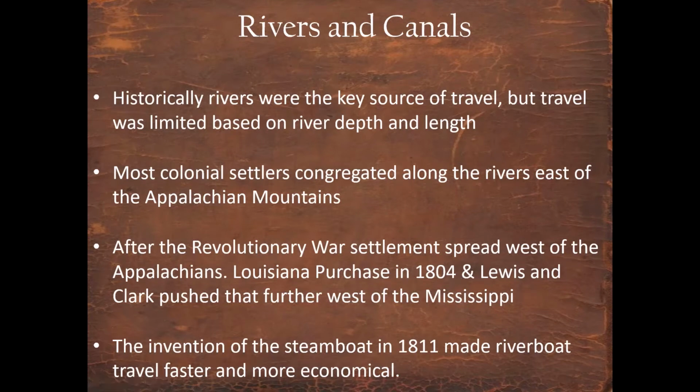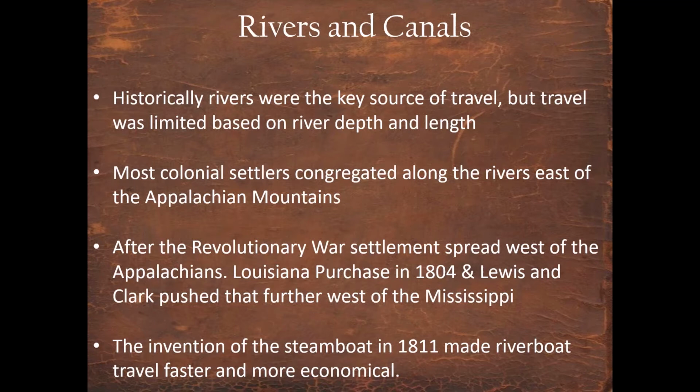So as the key source of travel, you're also at the mercy of the river. You had a lot of places where people had to ford the river and carry their goods for a period of time before the river became deep enough again that they could continue on their route. So the use of rivers was only good if the weather was good.